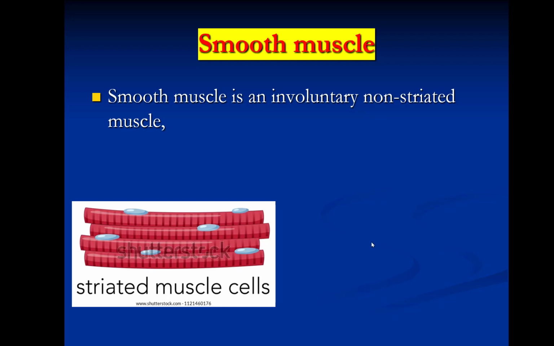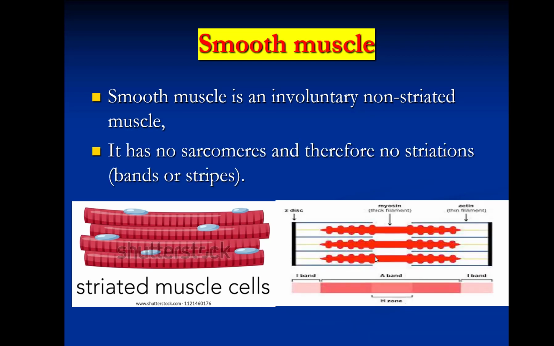We have already discussed in the skeletal muscle that the skeletal muscle is striated, and this striation is due to the presence of sarcomere. So the smooth muscle is non-striated because it has no sarcomere and therefore no striation.